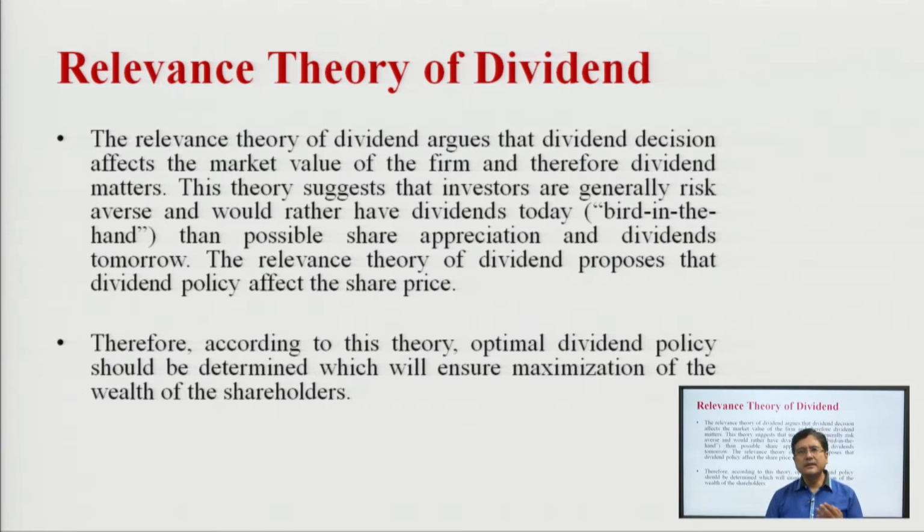Then the dividend relevance theory proposed that dividend affects the share prices. Therefore, if the company is not able to pay the dividend today, it will hamper the share price of the company.